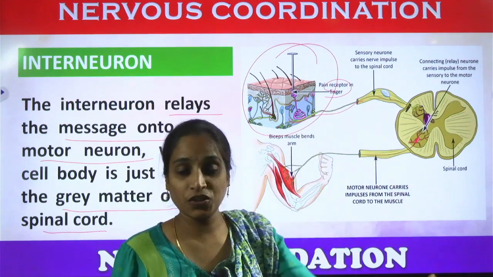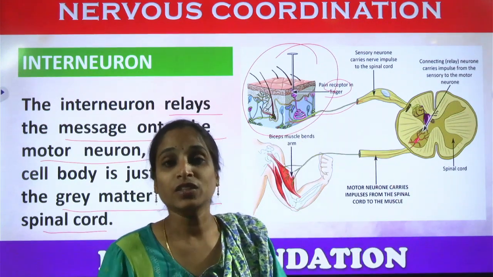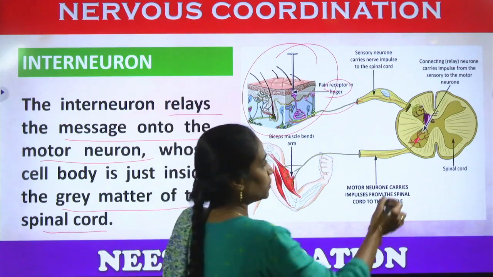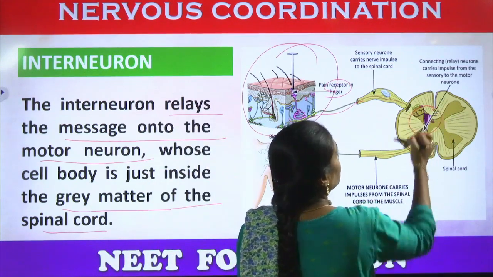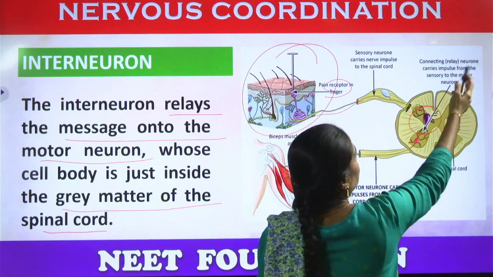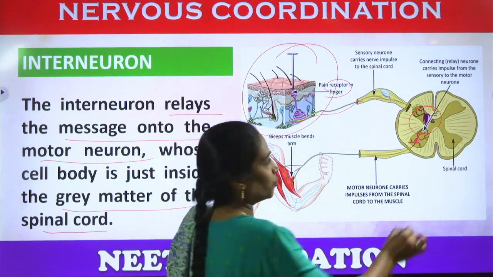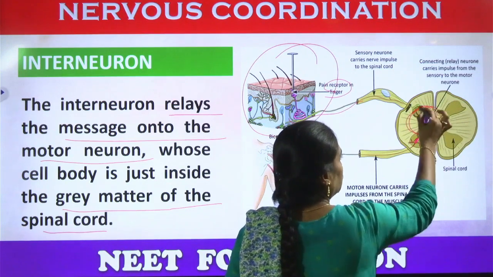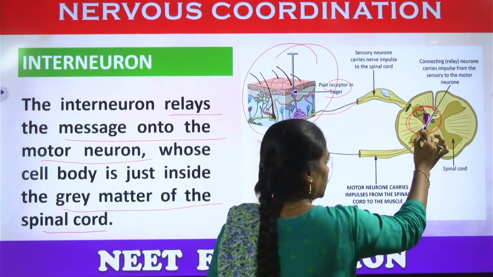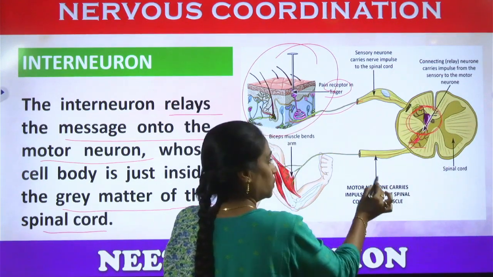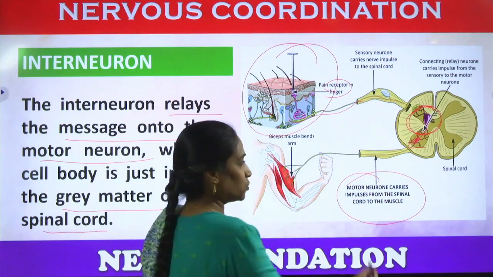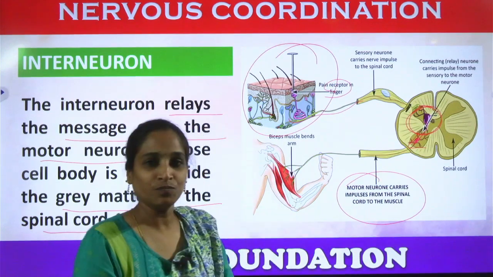It might be an electrical impulse or a chemical impulse. So it sends the message to the interneuron. The relay neuron carries the impulse from the sensory neuron to the motor neuron. This associative neuron creates a synapse and sends the message to the motor neuron. So this motor neuron carries the impulses.